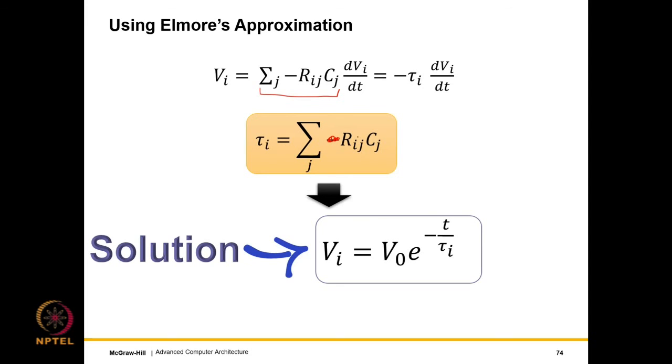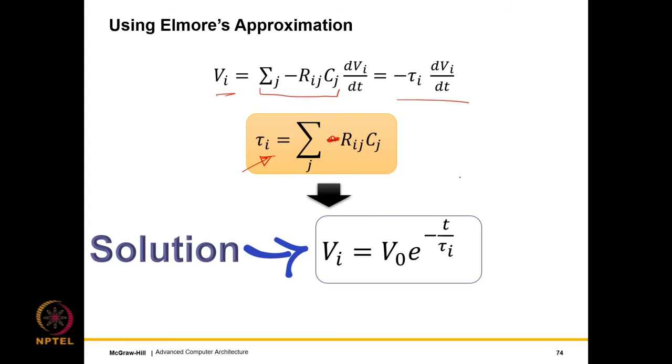Rij is of course the sum of resistances on the shared path. So for each Cj in the circuit, I can compute this. The summation of this is like a time constant of the entire system. So this differential equation is reasonably easy to solve.